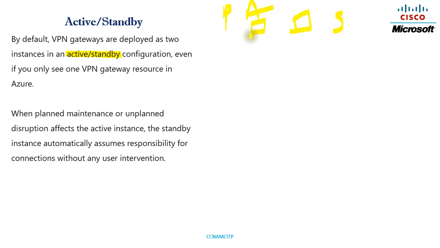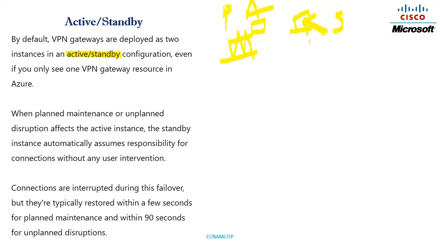If you are doing any maintenance on the primary, the standby device will take responsibility and make resources accessible from it. That is the concept of active-standby. You do not need to manually make any change or configuration; automatically it will pick up when your primary device is down.